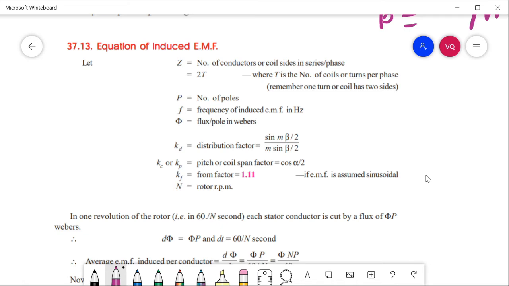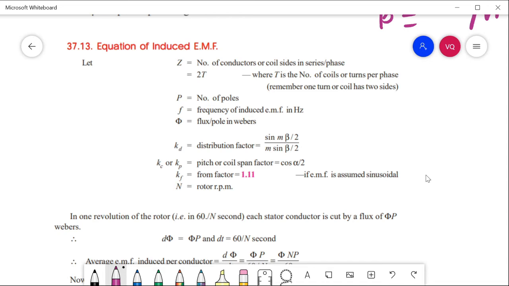KF is the form factor, 1.11. So that is form, not from. If an EMF is assumed sinusoidal, N is the rotor speed in RPM.